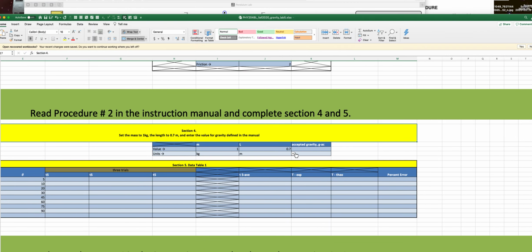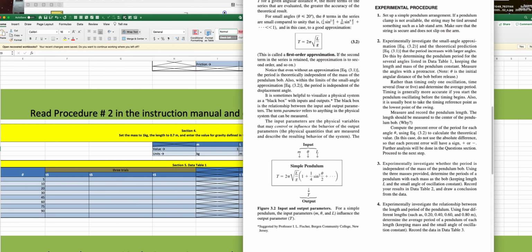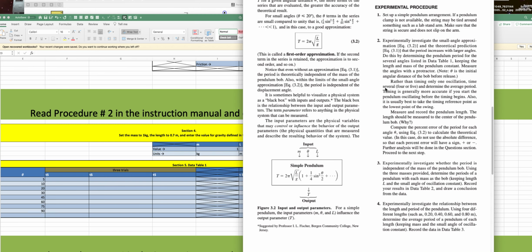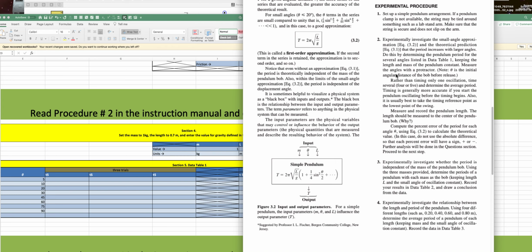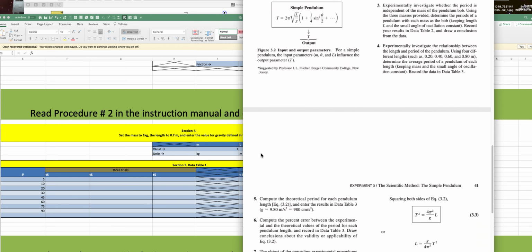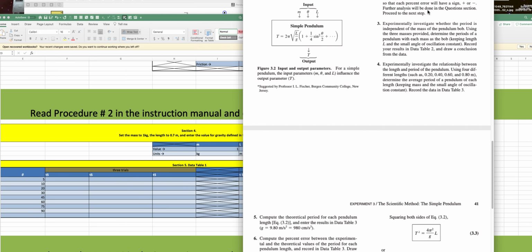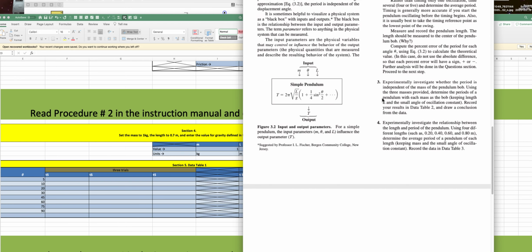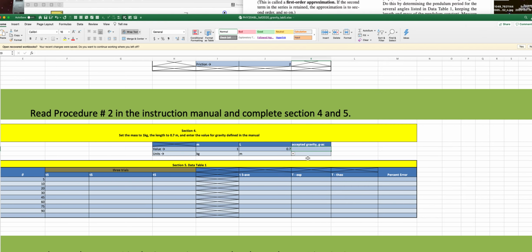Now that you have it set up, you're going to have to read the manual and see what value of gravity it says to use. It should be written somewhere here, the specific value of gravity that you want to use. You can actually see it here in number 5. So you just have to read the entire procedures in order to get that value for gravity. And you're going to enter that value here, and that's going to be your accepted value for gravity.